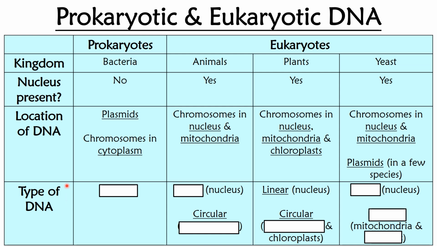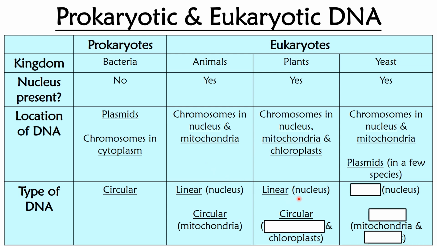And then the type of the DNA, you have got 2 options, either circular or linear, and I would hope that if you're looking at plasmids for bacteria, you would be able to work out that bacteria have got circular DNA. Animals in the nucleus, if you think about what a chromosome looks like, that is linear. However, remember we have that second location of DNA, the mitochondria, and within the mitochondria, our DNA is circular.